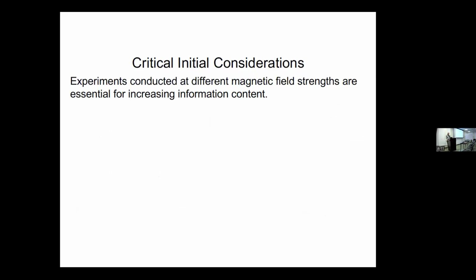It's great that we all live in this building, because as time has gone on, getting data at more magnetic field strength has become more and more important, at least for solution. We think now, for example, if you really want to fully characterize nitrogen-15 relaxation in solution, you need 3 fields, and 4 or 5 are even better.